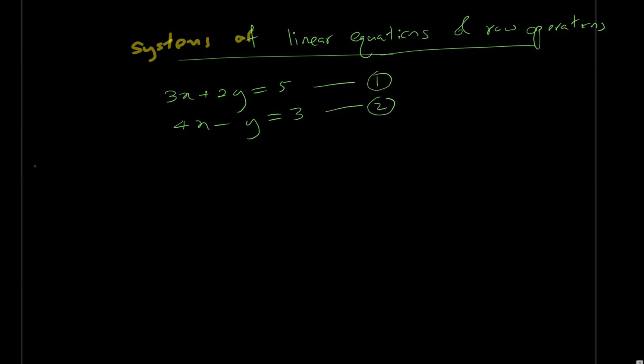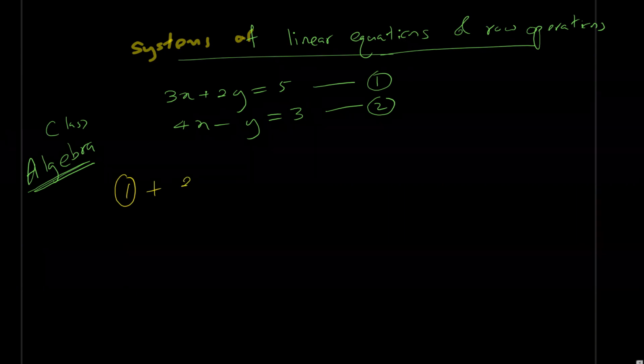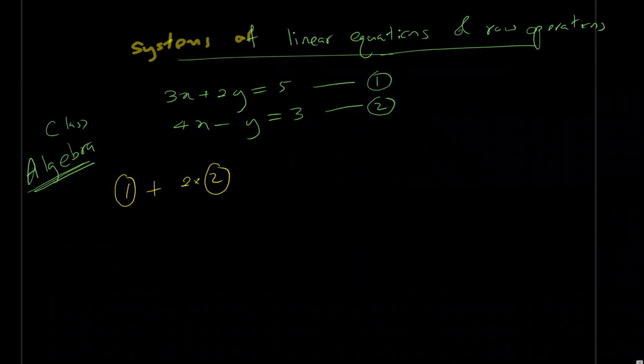Now in an algebra class, remember this is linear algebra, not just algebra, this is how you would do this. If I were you, I would take equation number 1 and add it to equation number 2 multiplied by 2, because then I can create a negative 2y.